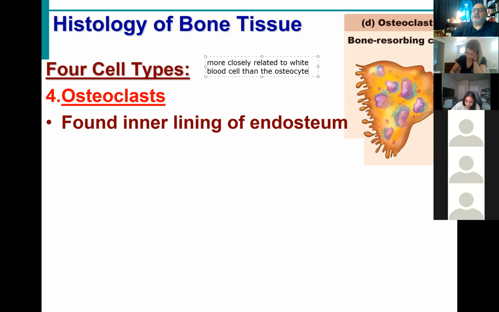And if you look at the picture, there's something really interesting about this osteoclast. It undergoes mitosis, but not cytokinesis.